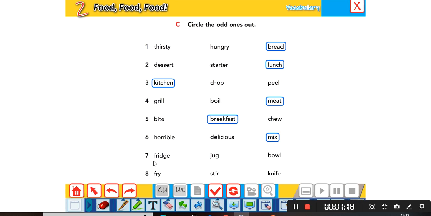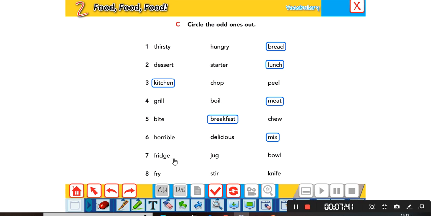Number 7, fridge, jug, bowl. Fridge is the device that you use in the kitchen in order to keep the food cold. Jug is the container where you can store liquids, and a bowl is like a dish or a plate that you can use in your eating.